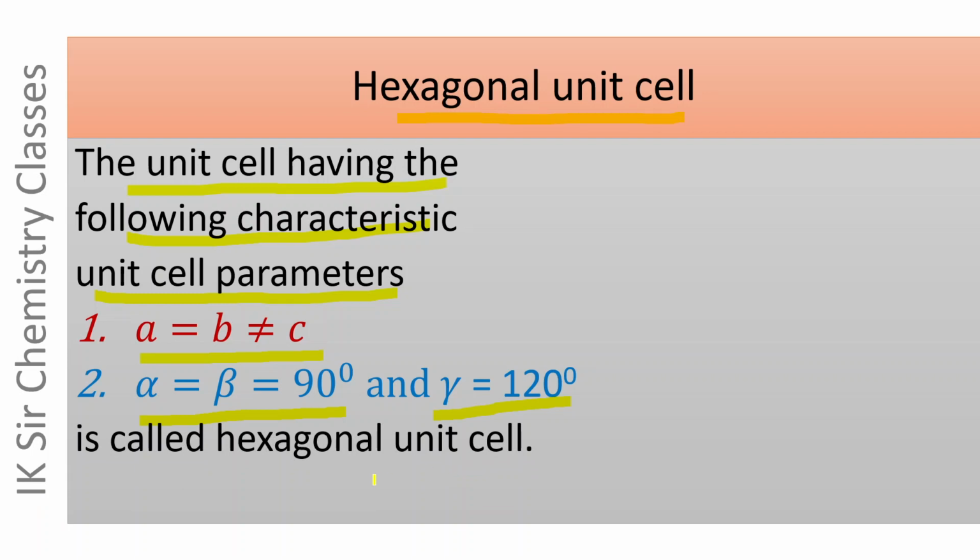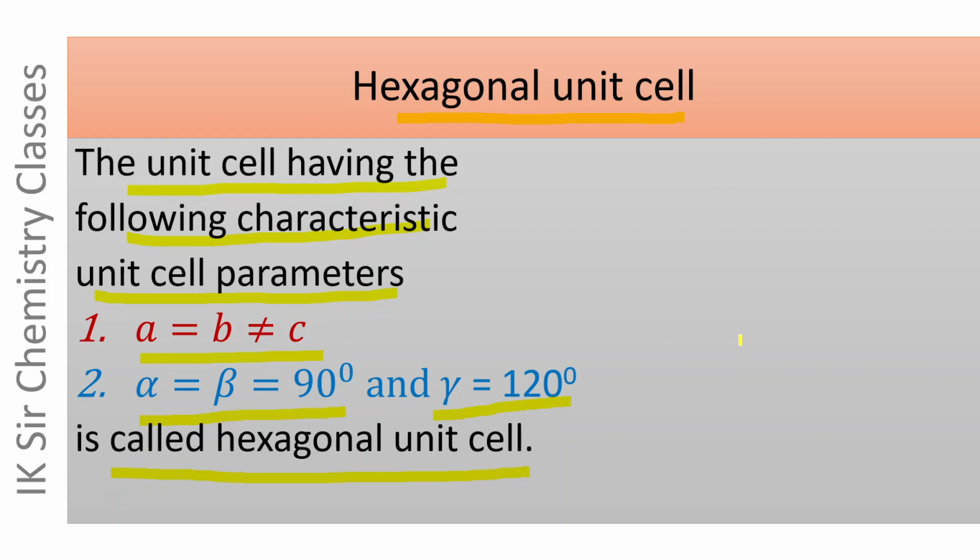It is obvious that in a hexagonal unit cell, a is equal to b but not equal to c, and alpha is equal to beta is equal to 90 degree and gamma is equal to 120 degree, and such a unit cell is called a hexagonal unit cell.